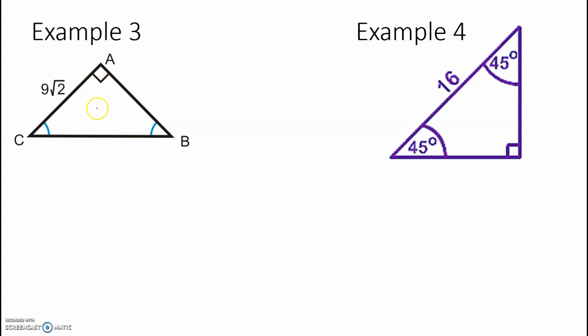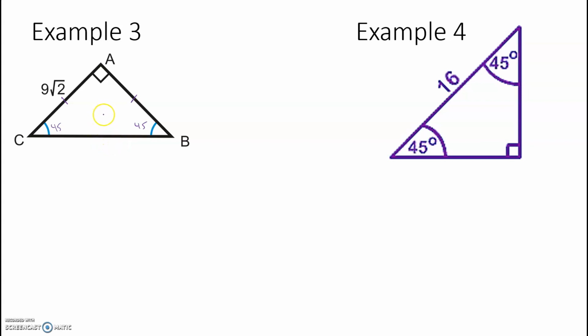So example 3, we're going to do the same thing. Now notice there's no angle measures here. But like we learned a couple weeks ago, if the angles are the same, the sides are the same. So they could mark congruent sides, they could mark an isosceles.